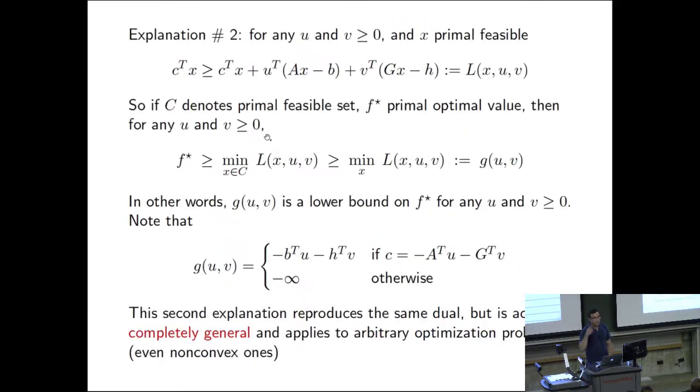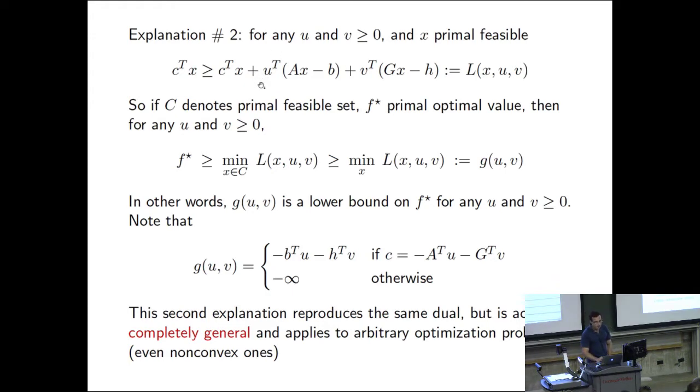This is why the second explanation is so important, because it allows us to construct the same dual problem through different arguments that are actually completely general and will allow us to make statements about arbitrary programs. And it's different in a subtle way, but there's an important difference.